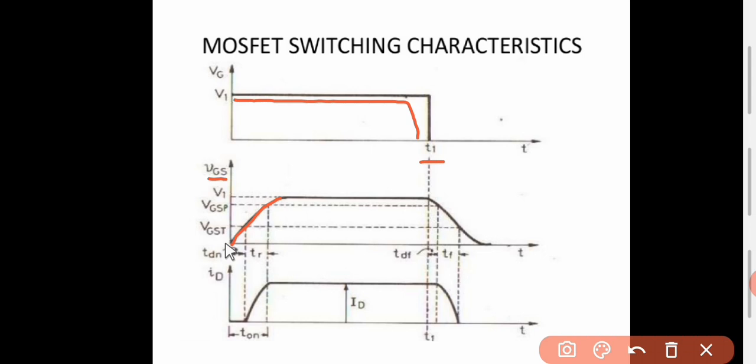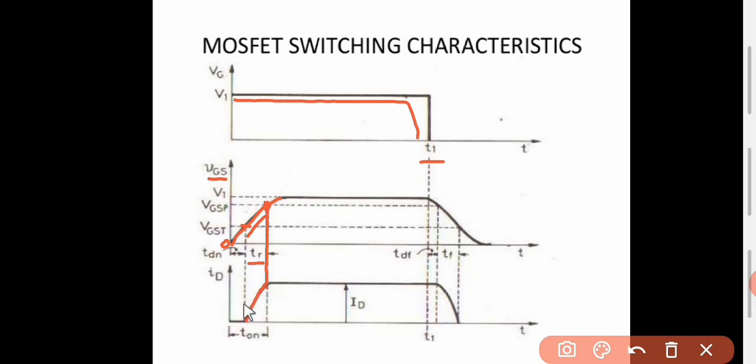When the gate voltage starts increasing from 0 to VGST, which is the voltage required to turn on the MOSFET, and reaches this point, the drain current starts to flow. The drain current reaches its final value at this point, which is known as VGSP. The time required by the device from VGST to VGSP is known as TR, the rise time.